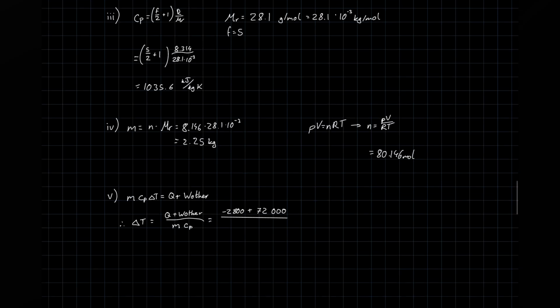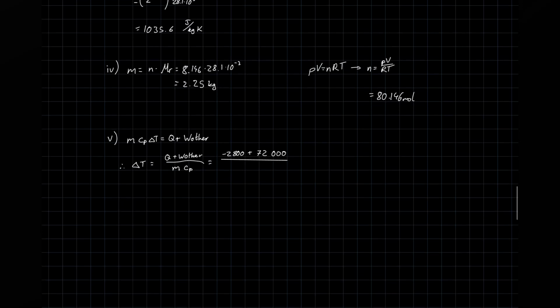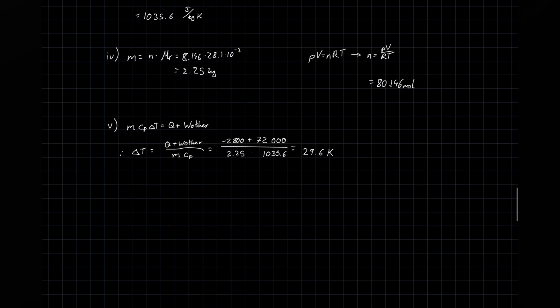Oh, wait, I realized I made a mistake here. R was given in joules, not kilojoules, so watch out. So this is, in fact, just 1035 joules, not kilojoules, and we have a mass of 2.25. So plug in all the numbers into your calculator and you get 29.6 Kelvin.